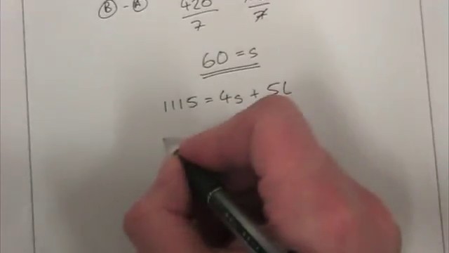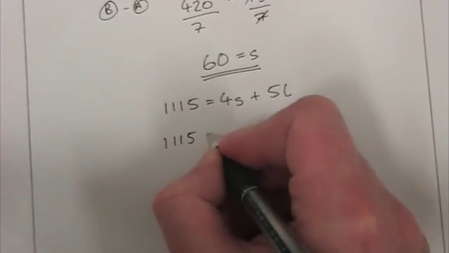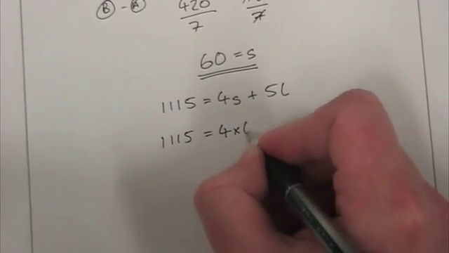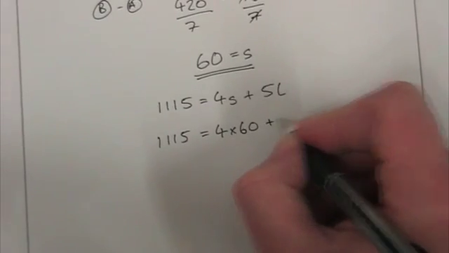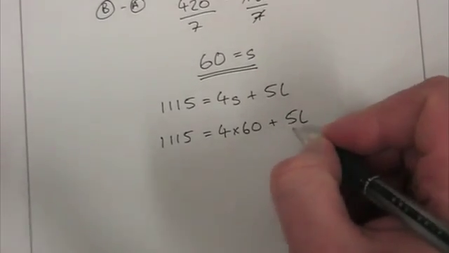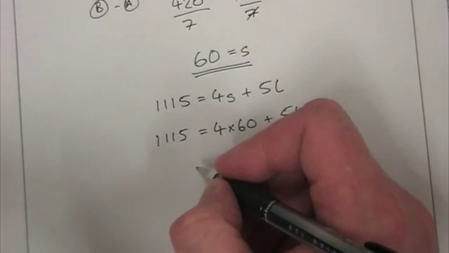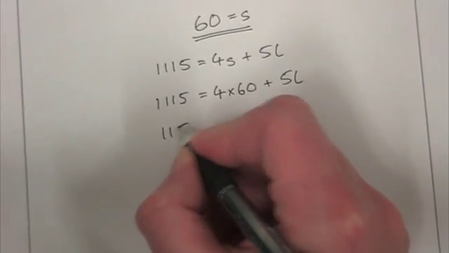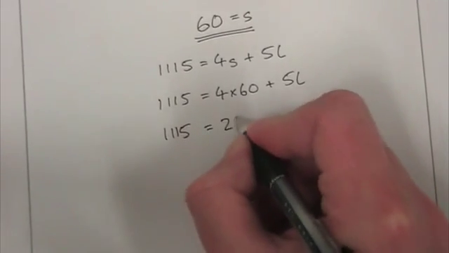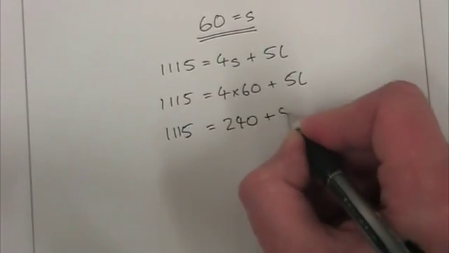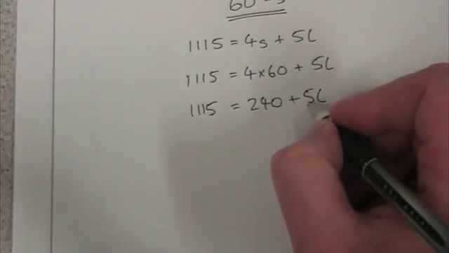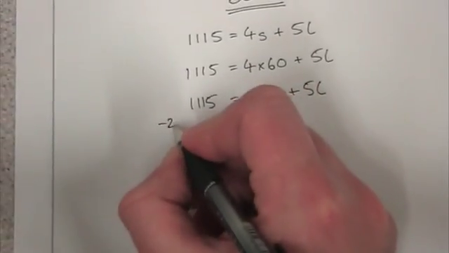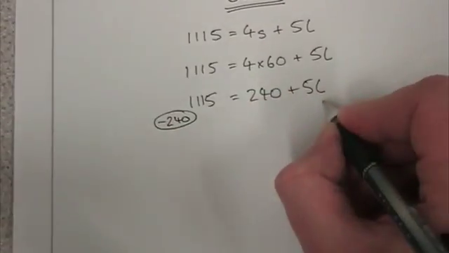So substituting in the S, 1,115 is 4 times 60 plus 5L. 4 times 60 is 240, so I can rewrite that as 1,115 is 240 plus 5L. But I want to get L on its own to find out what it is. So I'm going to subtract 240 from both sides.